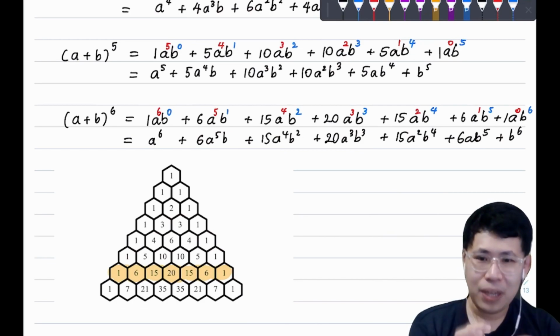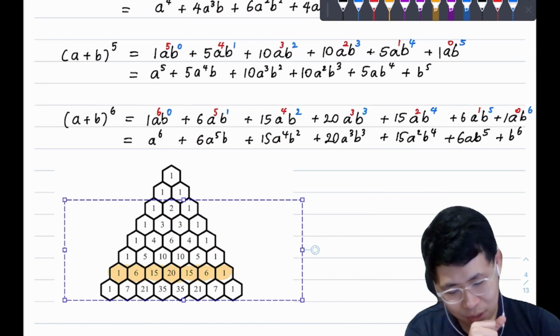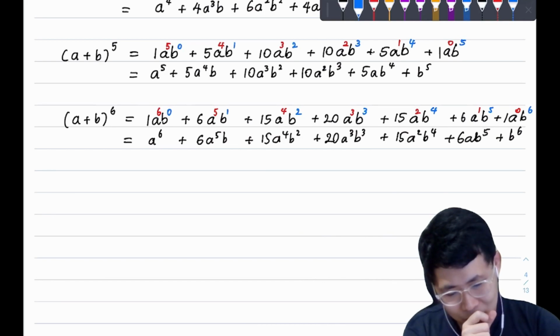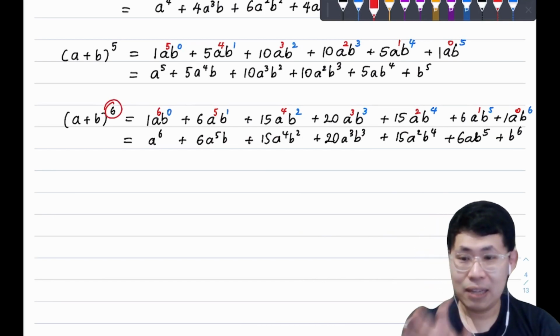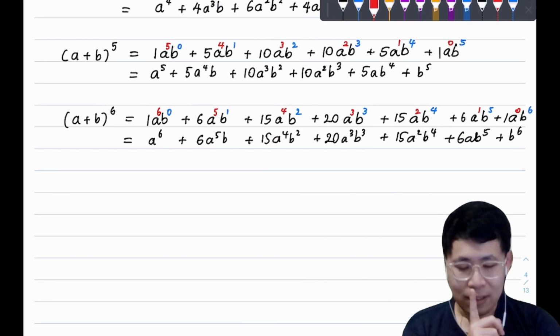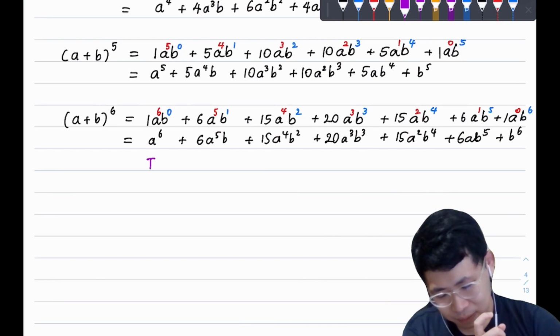Before we introduce the formula, I'm going to introduce you to some notation. We have n as the power, a plus b to the power of n. So usually we put n as the power. And how do we label the terms? Let's make use of our number pattern term notation.